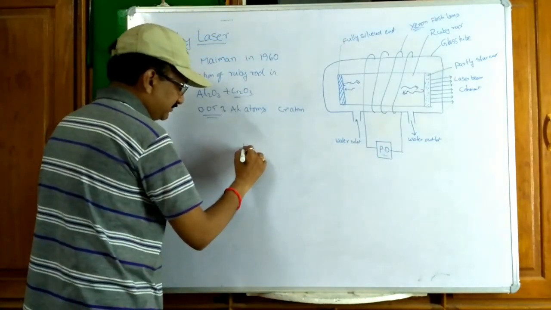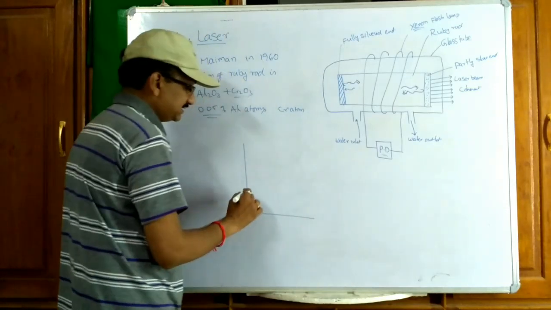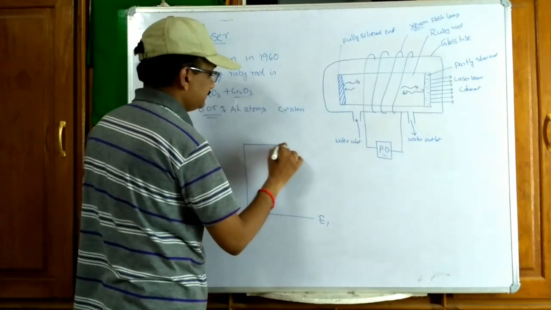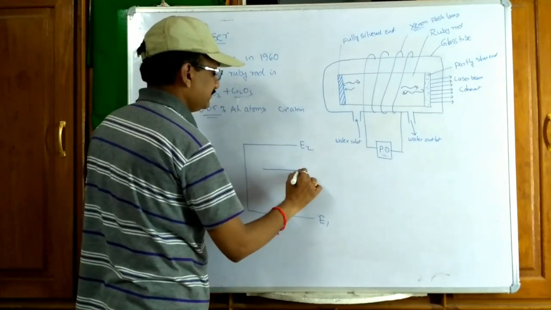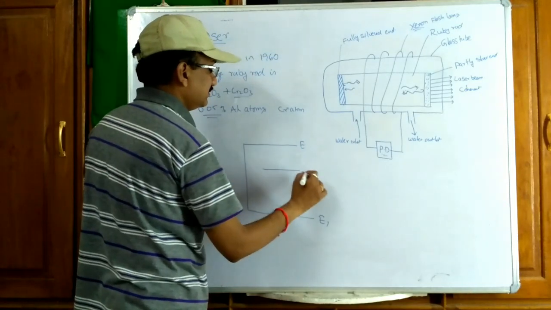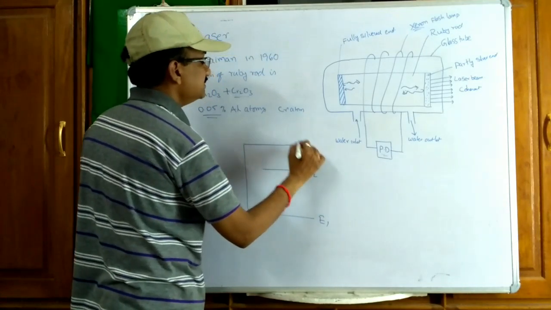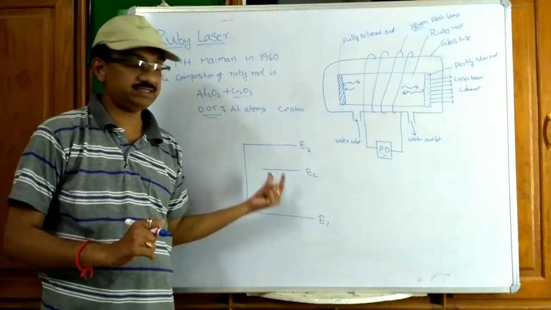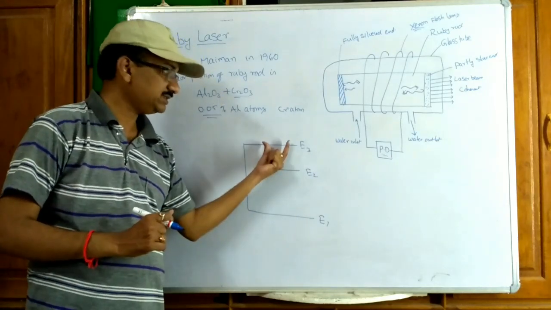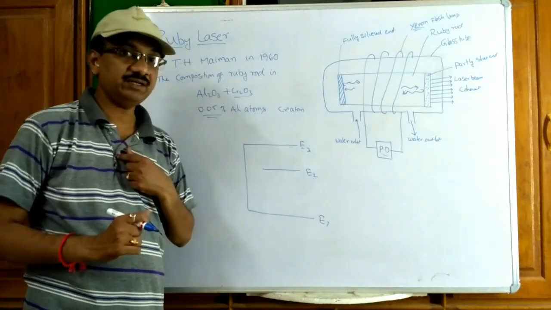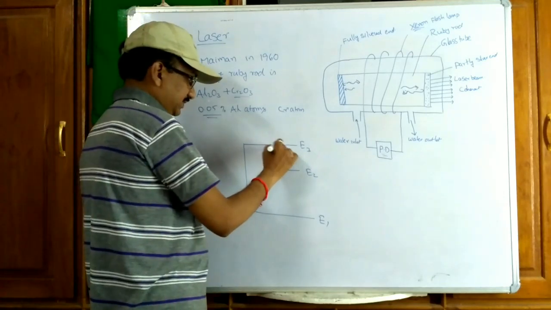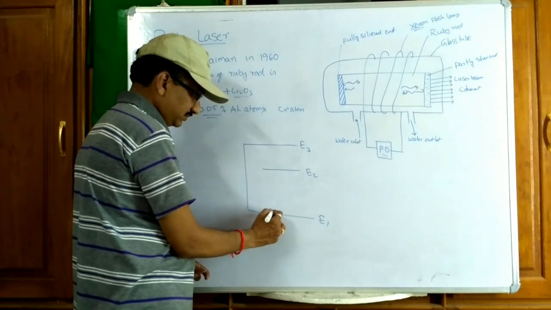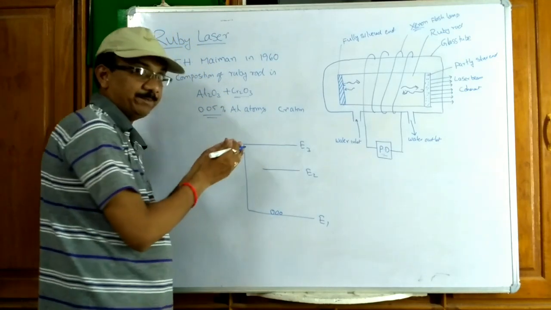Now the energy diagram of this laser is: this is E1, this is E2 and this is E3. Here E2 is called the metastable state. This is the lower energy level, this is the higher energy level, and this is the metastable state. After absorbing some energy, the atoms go to the excited level directly.